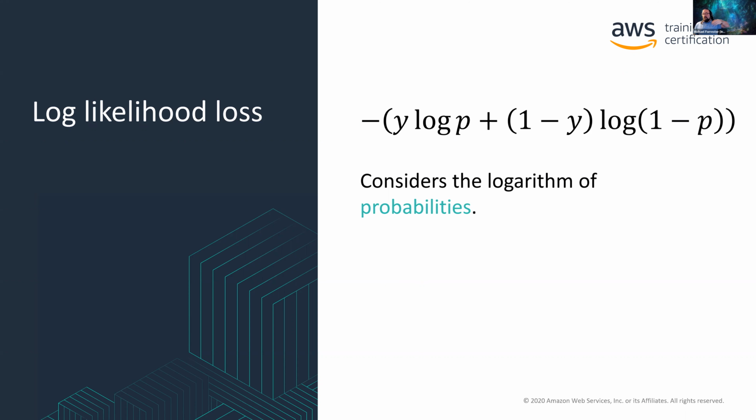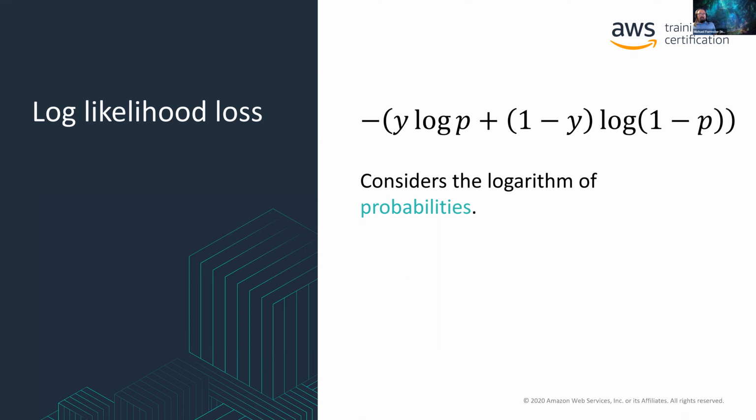You change it based on what kind of algorithm you're running. Breaking this down, Y is a binary indicator of whether the class label is the correct classification for the observation, and P is the model's predicted probability that the observation belongs to that class.